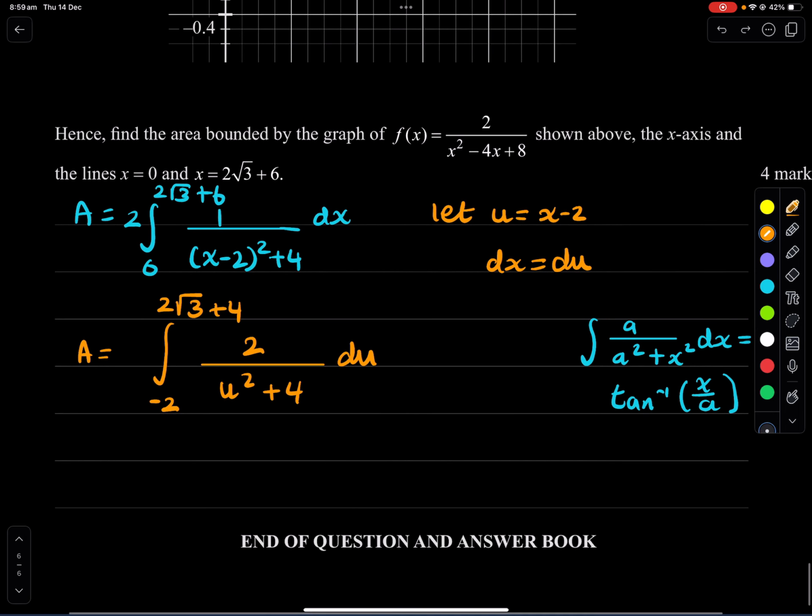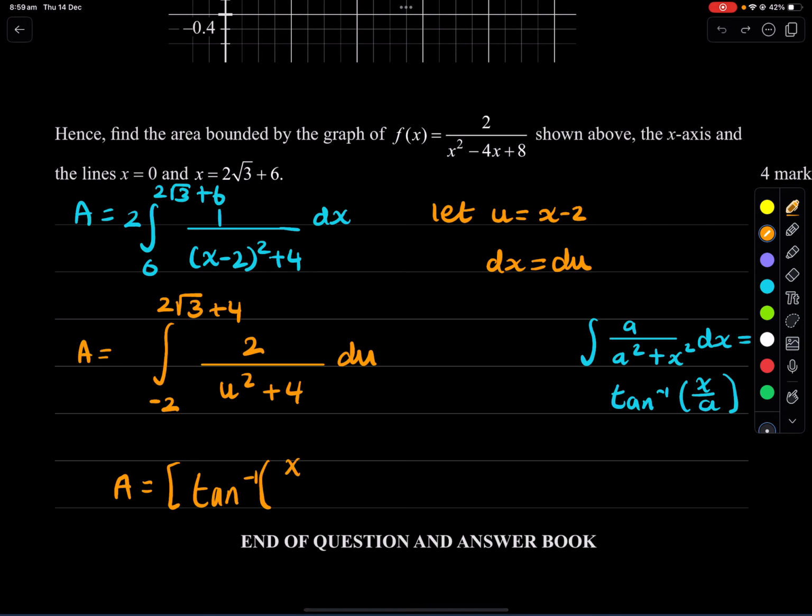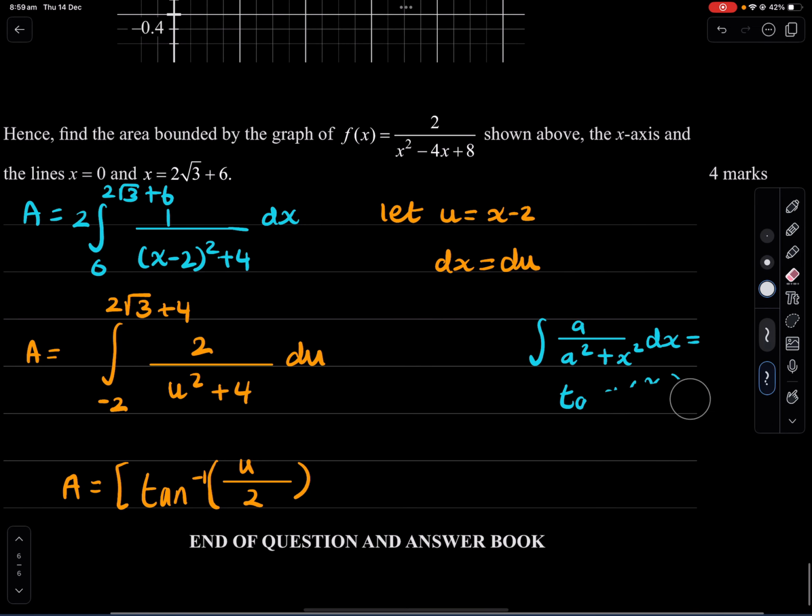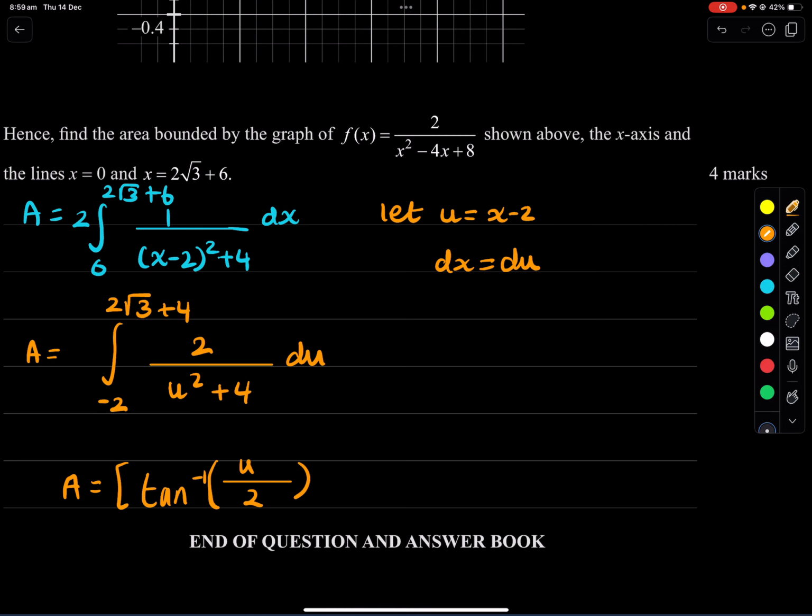So hence your area will be the integral, which is just going to be tan inverse of u over a, which a in this case is just 2. So let's rub that out and simplify this much further.